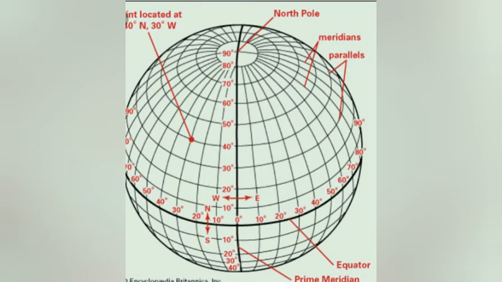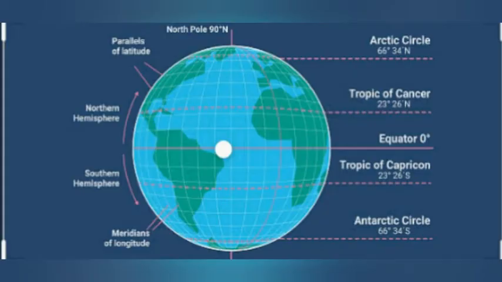There are 90 degrees of latitudes on each side of the equator. 90 degrees north and south, including the equator, makes a total of 181 latitudes on the globe. The ground distance between 2 degrees of latitude is 110.4 km.